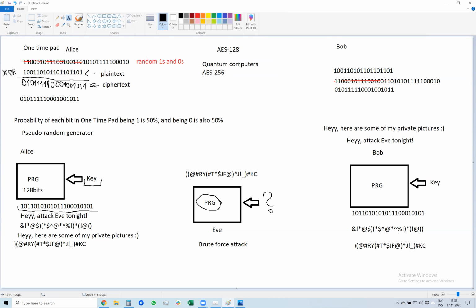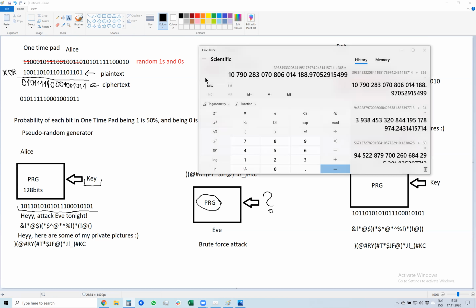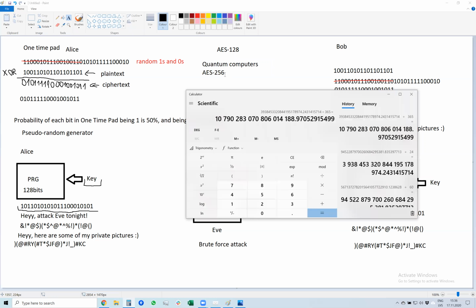So AES 256 has 2 times bigger password. So you have like a gazillion times more combinations to try out. Doubling the size of the password does not double the time. It actually increases it much more.